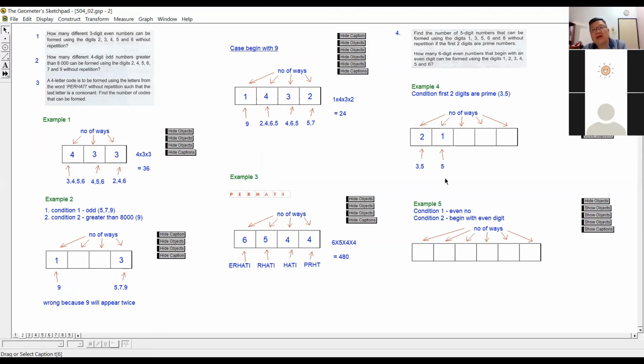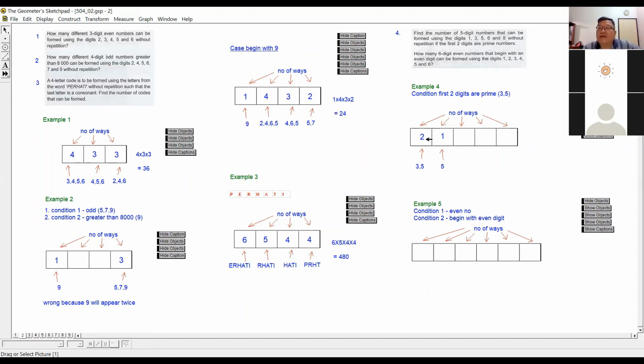If you use 5 in the first place, then the second one is still one way, you fill up with 3. We don't care what the exact number is, we are interested in how many ways to fill up each box. First box 2 ways, second box only one way.